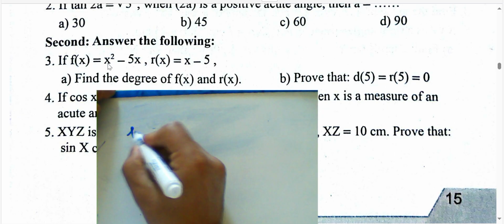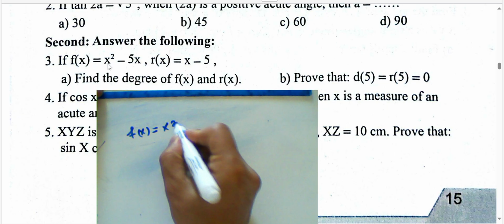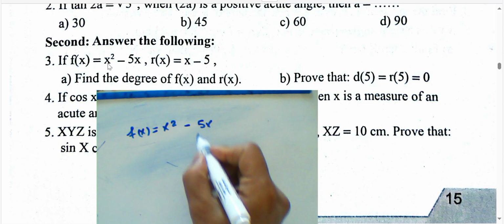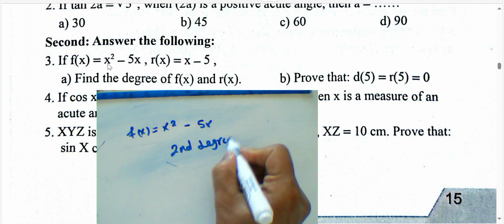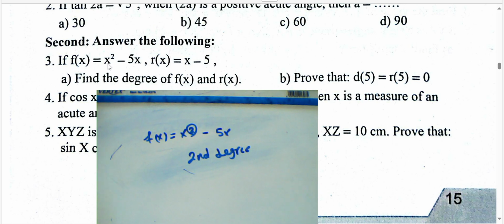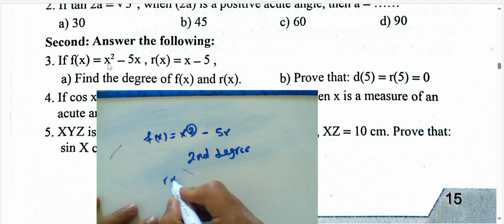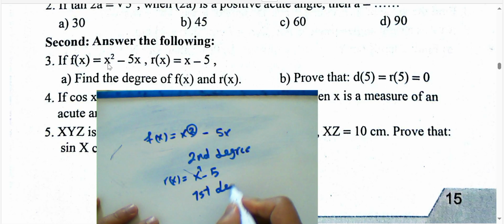The function f of x equals x power 2 minus 5x has power 2, which means second degree. The second function, r of x equals x minus 5, is first degree, since it is x power 1.